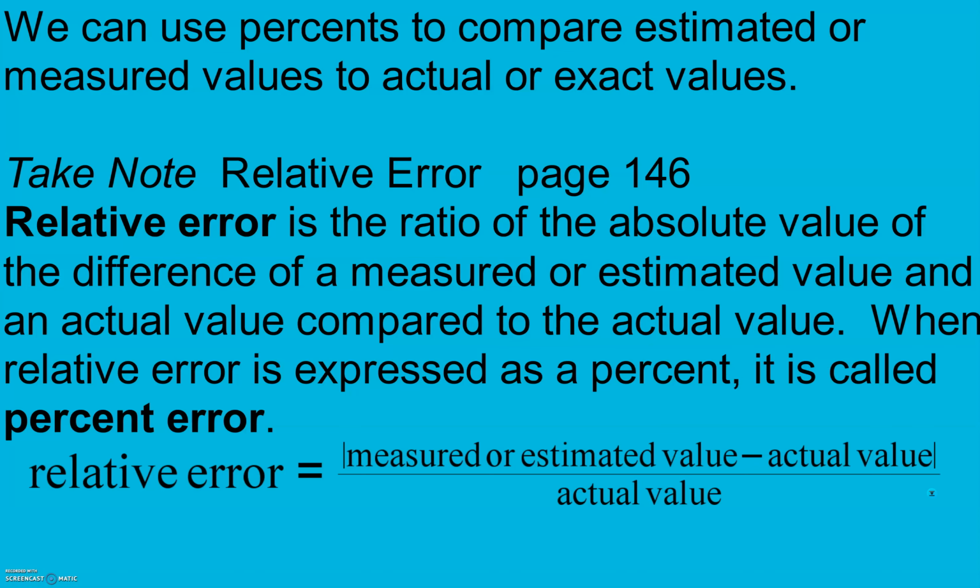So here, guys, this whole absolute value of the difference of a measured or estimated value and the actual value, we're still just taking bigger minus smaller. It's our change. We always compare it to the actual, which is like our original. It actually is this. It started off as that. We just guessed it after the fact to be something else. We estimated it. So we're going to take our change divided by actual here, just like we did with percent change.